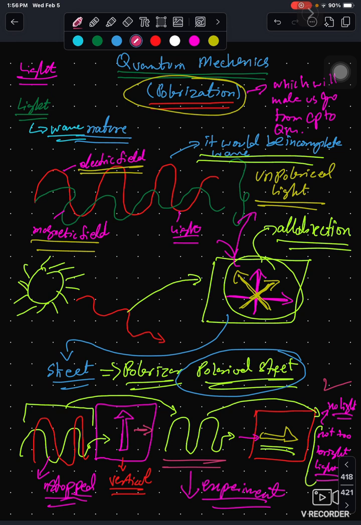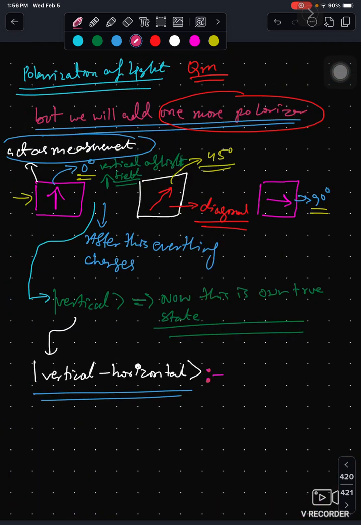Now, in simple words, here we have 50-50 chances that we will have more light in the end.